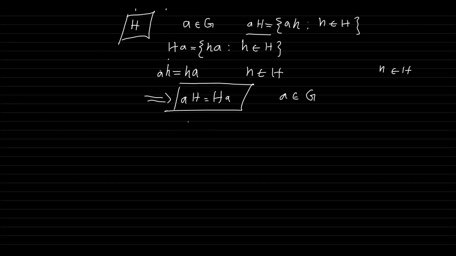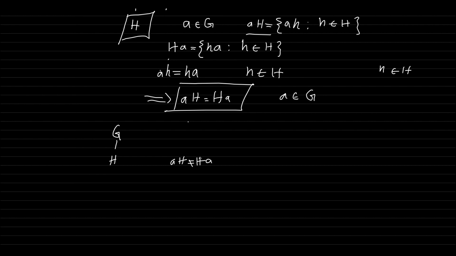Okay. Now consider a non-abelian group. In that group, for any subgroup H of G, AH need not be equal to HA.